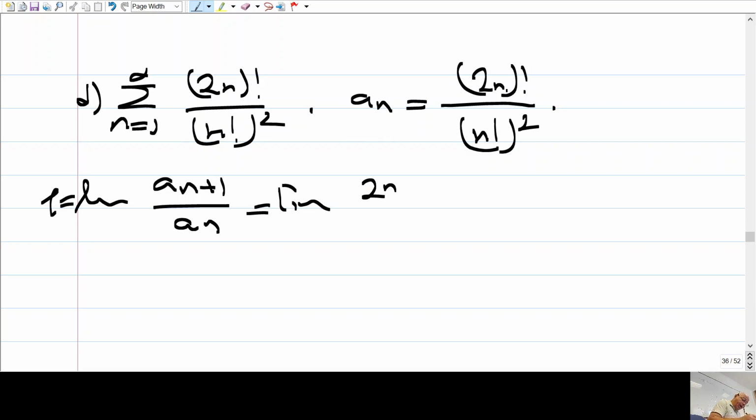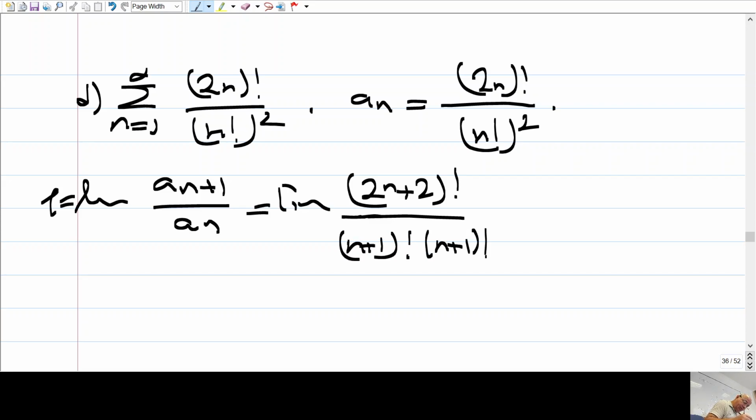When I plug in n+1, I get (2n+2) factorial divided by ((n+1) factorial) squared. So it is this divided by a_n. So this is (n factorial) squared divided by (2n) factorial.